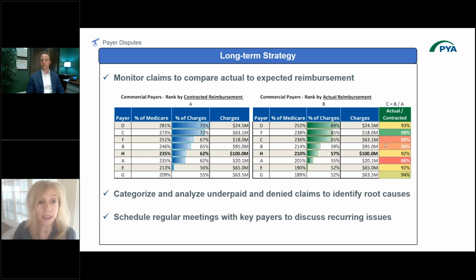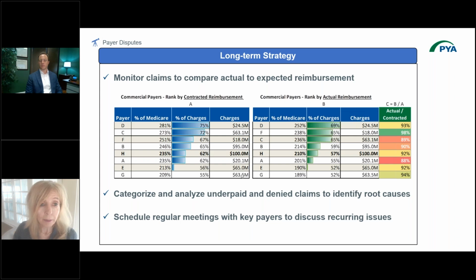And you should be doing this really on a monthly basis, analyzing that gap between expected and actual reimbursement. You can see on this chart, payer C is pretty darn good. Their actual to expected is 98%, meaning our collections are 98% of what we thought it should be.